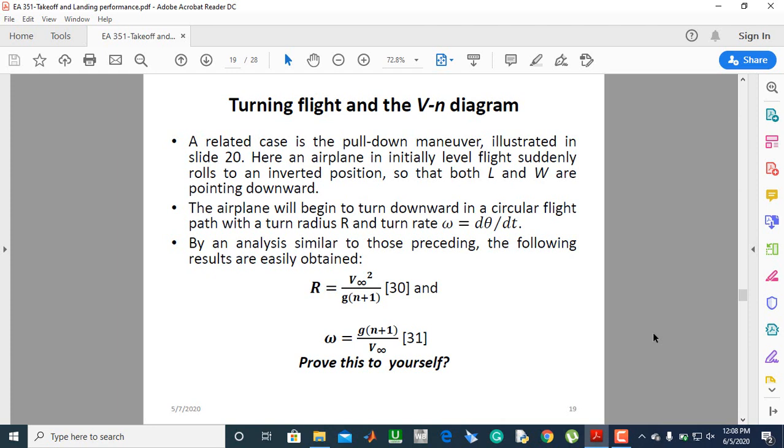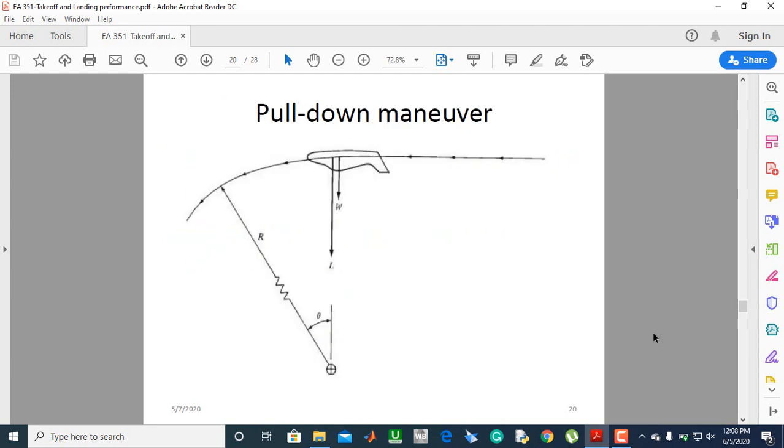And again, we can also look at another turning flight, which is called a pull-down maneuver, which is given by this sketch. This is usually performed by military aircraft. They can do all sorts of maneuvers.